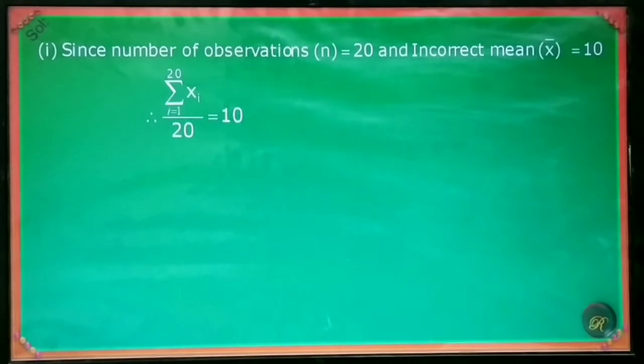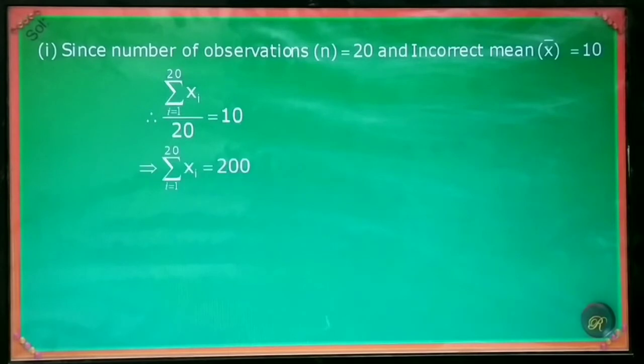By cross multiplication, we will get sum of 20 observations is equal to 10 into 20 is equal to 200.